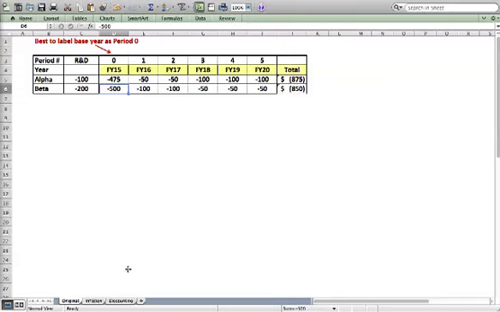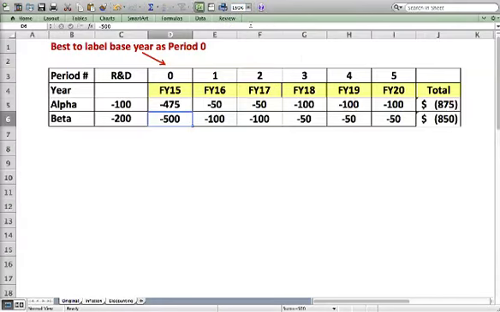Let me zoom in on this. This is the data I gave you for the FY 15, 16, 17, 18, 19, 20 costs. It's in negatives because it's all costs, and we're trying to minimize the negative here.